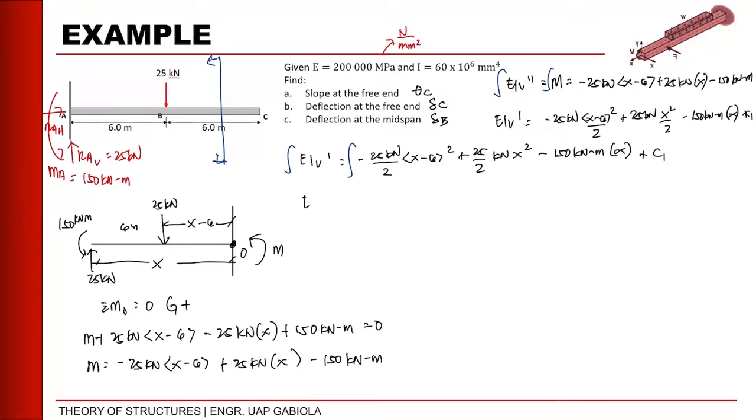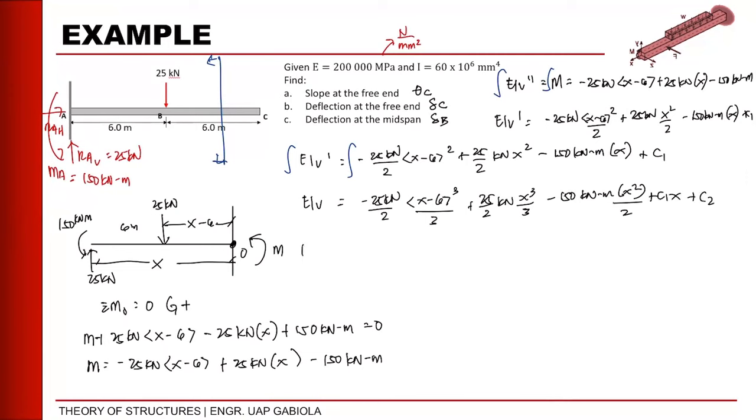We have EI v equals negative 25 kN over 2 times (x minus 6) cubed over 3 plus 25 over 2 kN x cubed over 3 minus 150 kN·m x squared over 2 plus C1 x plus C2.